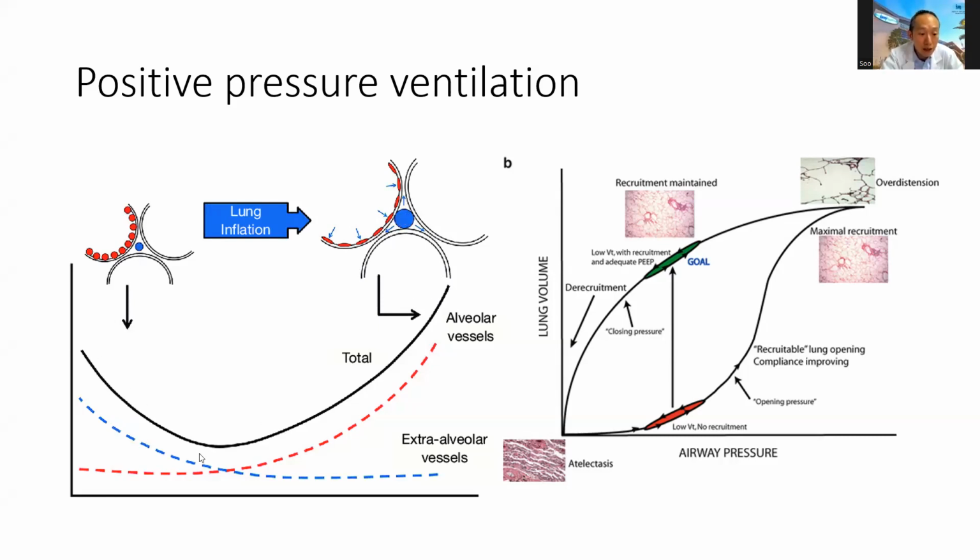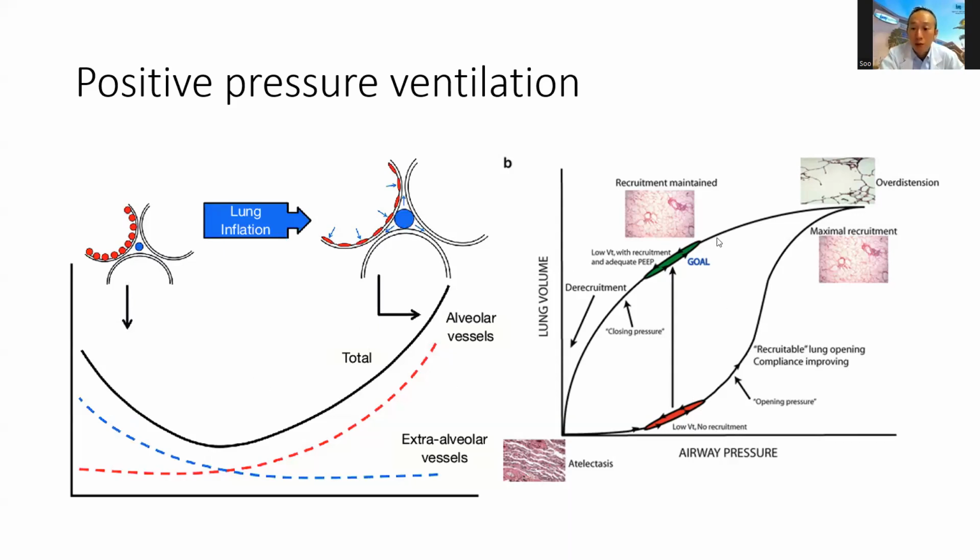So ventilating at very low tidal volume that causes lung atelectasis increases PVR. If you put too much pressure into the lungs, it also increases the PVR by a different mechanism. This mechanism is caused by collapse of the alveoli and collapse of the vessel, and this one is caused by compression of the vessel by the surrounding distended alveoli. So either way, no good.